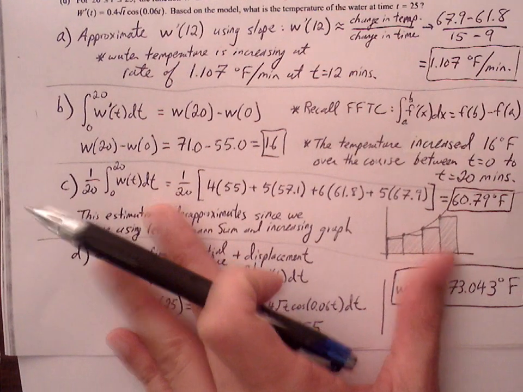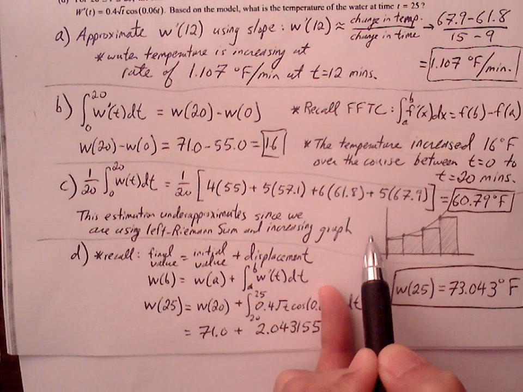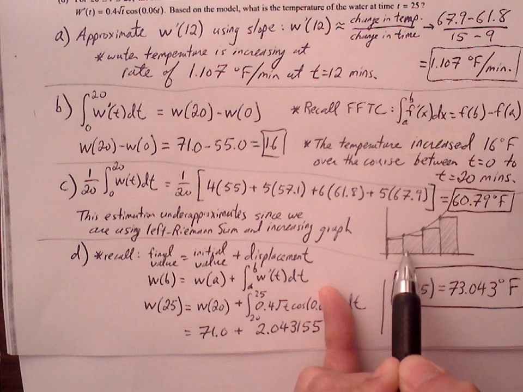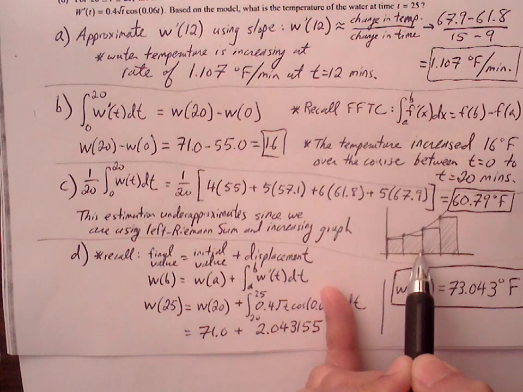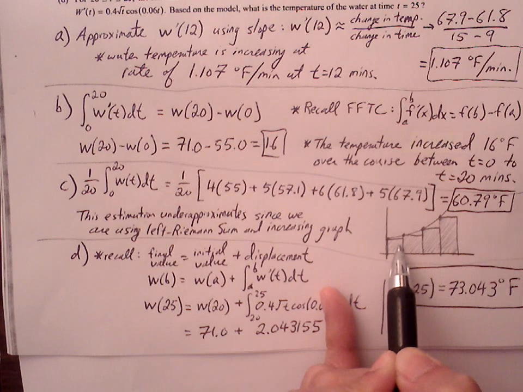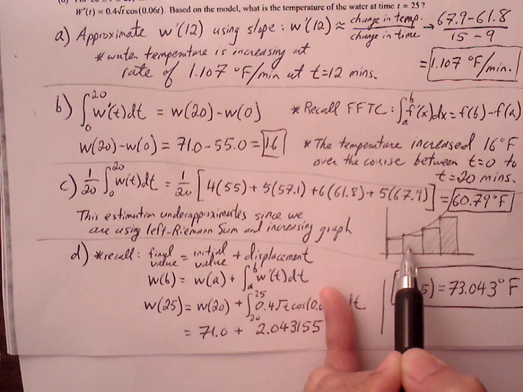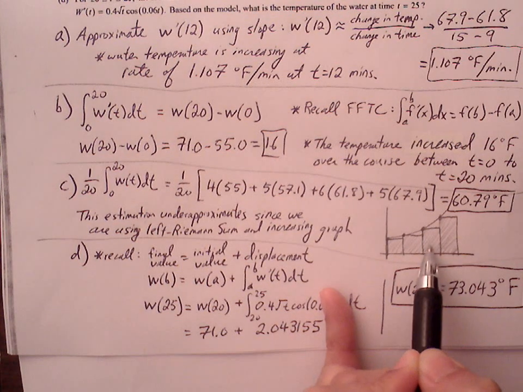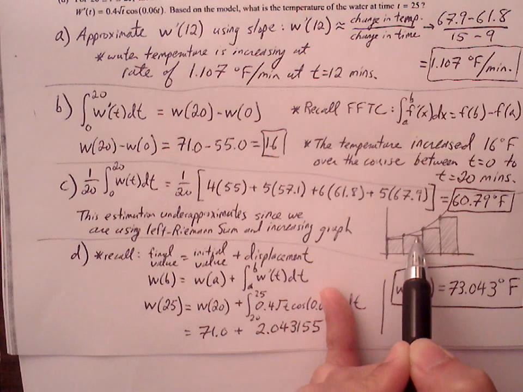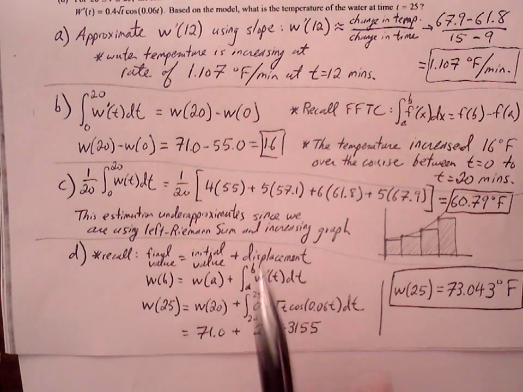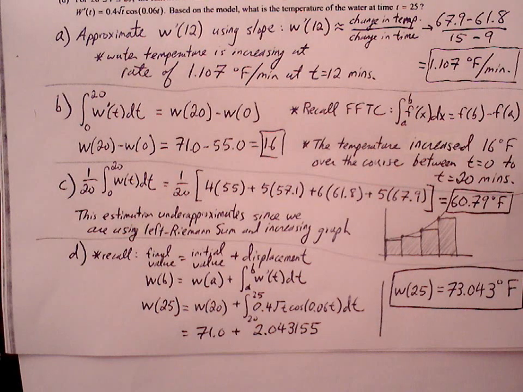And if the graph is always rising and we're using a left Riemann sum, visually you can tell that if I'm always attaching the left endpoint of my subinterval, these rectangles are going to be below the graph, right? This is going to be under approximating the actual area under the graph, because we see these gaps between the rectangle and the curve. So this estimation under approximates since we are using a left Riemann sum and we're dealing with an increasing graph.